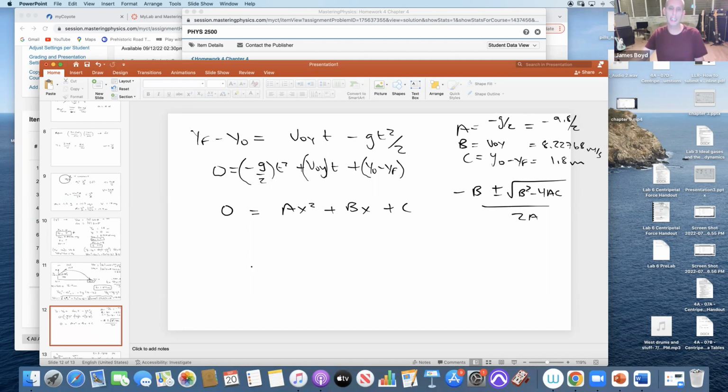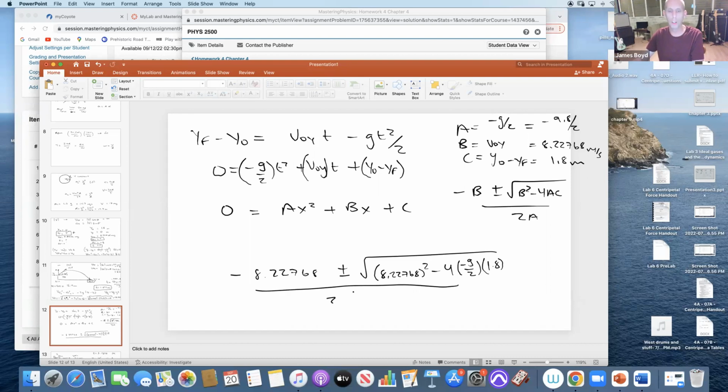Plugging these things in, I get negative 8.22768 plus or minus the square root of 8.22768 squared minus 4 times minus g over 2 times 1.8, all of this over 2 times minus g over 2.